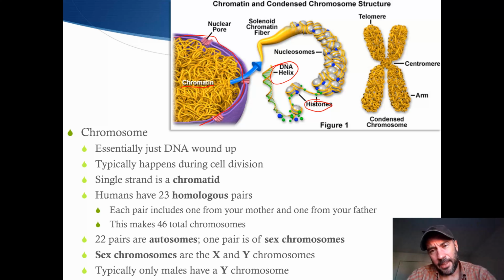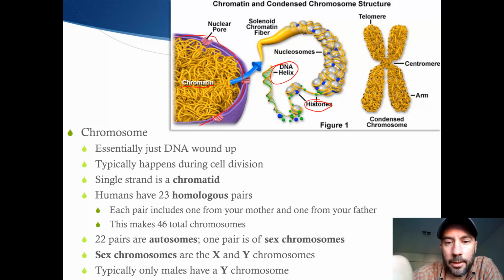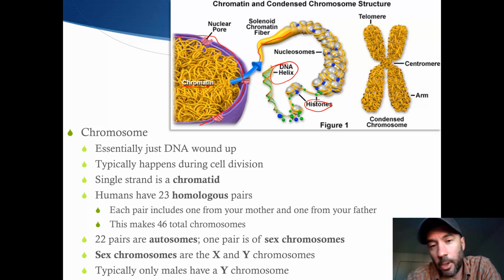Rather than have that DNA floating around willy-nilly, it gets prepackaged into chromatin. The DNA gets wound around these histones, the histones bunch together, and then you get these chromatin fibers. That's how it spends most of its time in the nucleus.